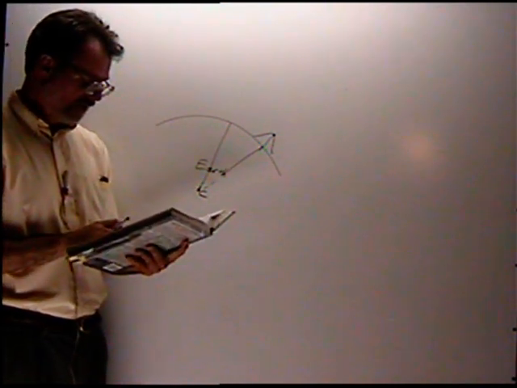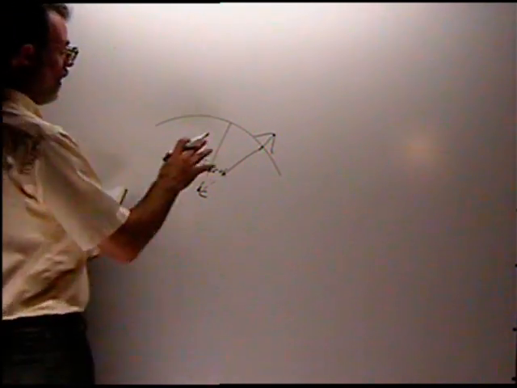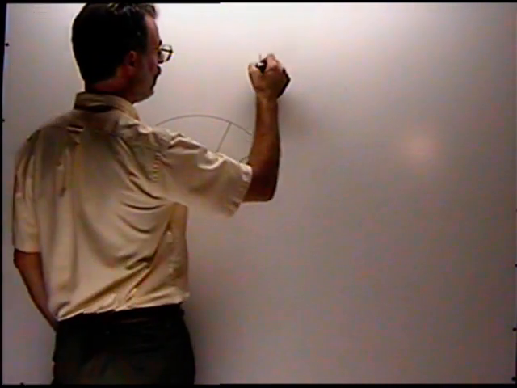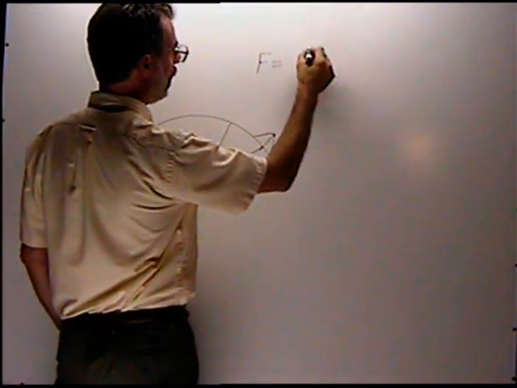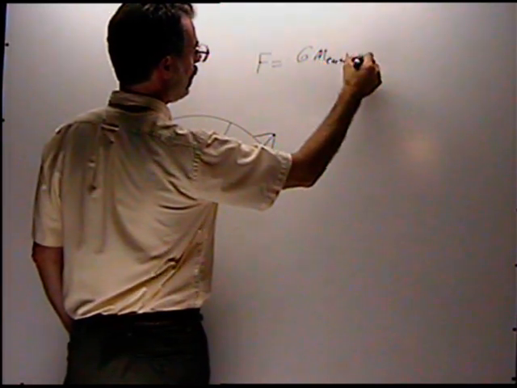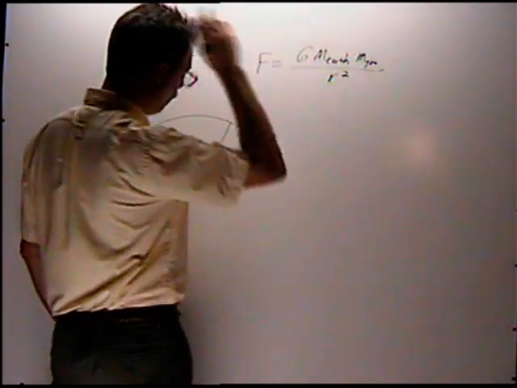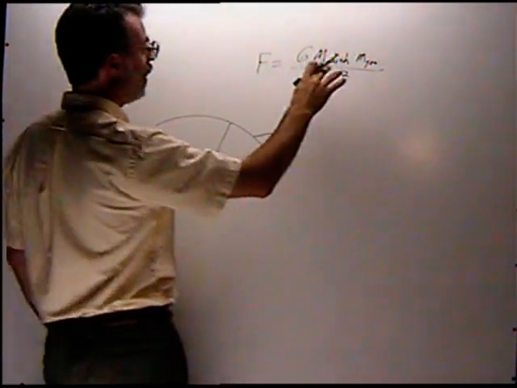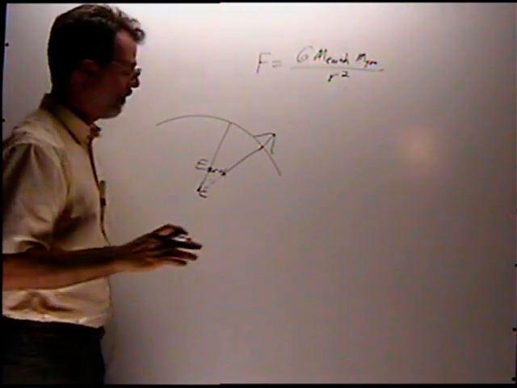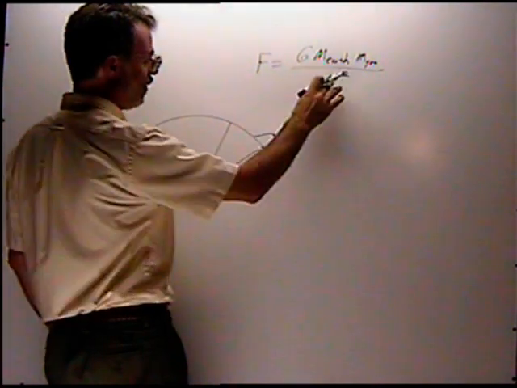Where do you expect the acceleration due to gravity to be greater? Well, first of all, we know the force of gravity is G M Earth times the mass of, say, you, divided by R squared. The mass of the Earth and the mass of you is the same. Everything's the same, but what is different is the radius, of course.